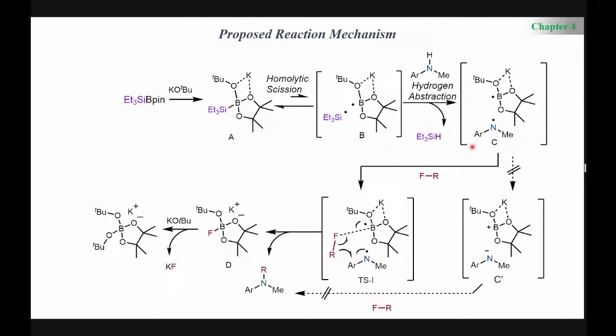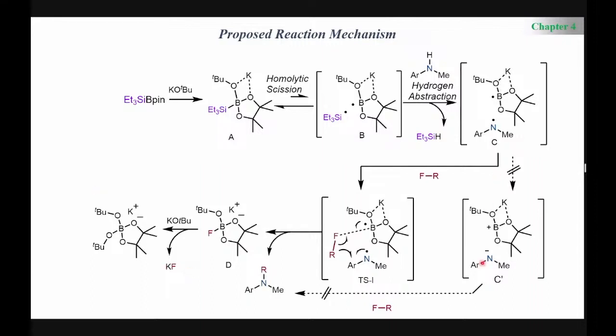Subsequently, this frustrated radical pair attracts this organic fluoride by the interaction between fluorine atom and boron center for this transition state. And since the C-F bond is activated by the interaction with the boron atom, this methylaniline radical selectively attacks at the carbon center of the C-F bond, and the desired cross-coupling product is obtained with the C-N bond formation, accompanied by the release of these two kinds of salts.